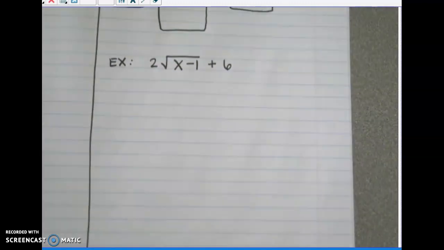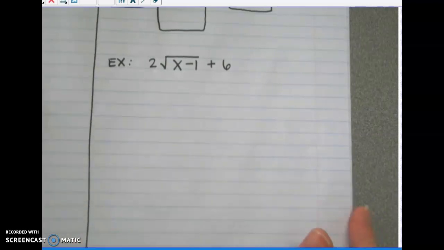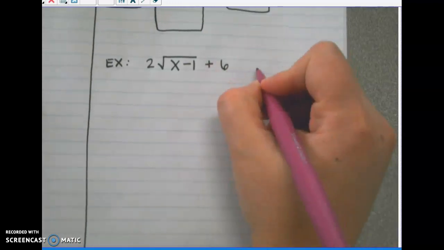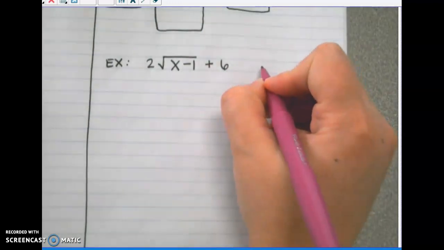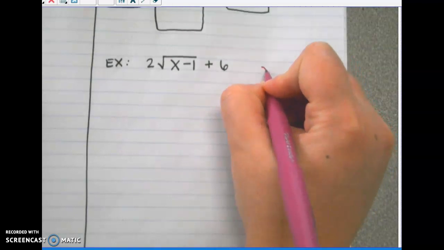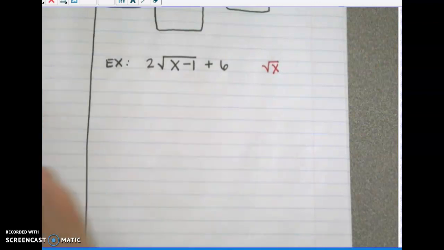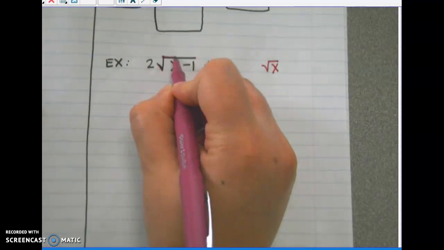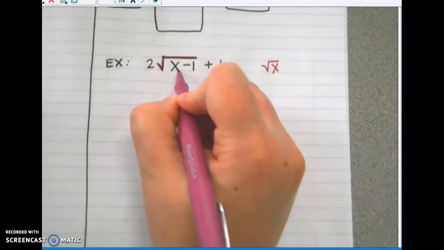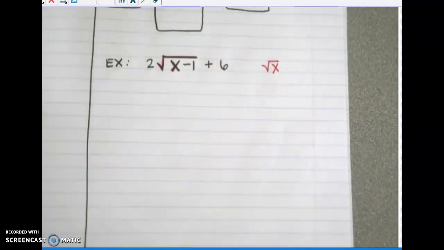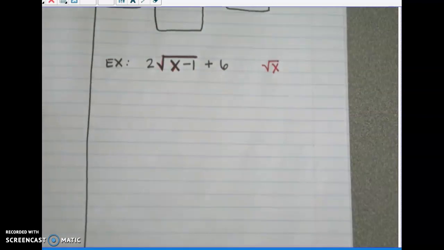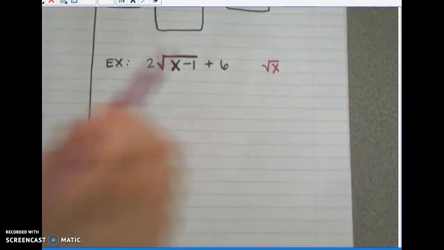Alright, so here I have a function, and I need to be able to tell all the transformations that have happened between this function and the parent function. So you need to know what the original equation looked like. So since this is a square root equation, the parent function is just the square root of x. So if I look at the new equation, that's the only thing that is the same between this copy and the parent function.